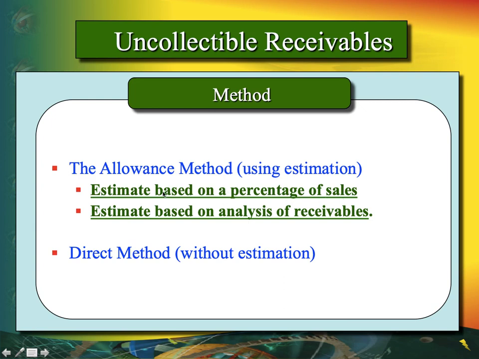The second is estimating based on analysis of receivables. We will learn how to do both of these estimations. The last one is the direct method. In the direct method, we are not using any estimation. So the estimation is only applied in the allowance method.